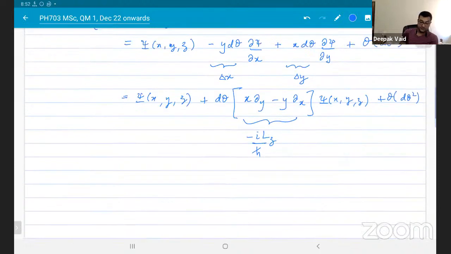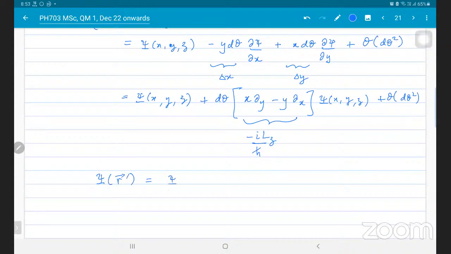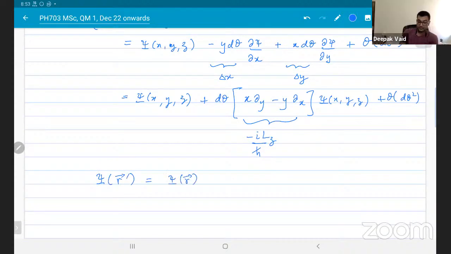Right? So this means that psi of r prime is equal to psi of r minus i d theta Lz by h bar psi. Okay.